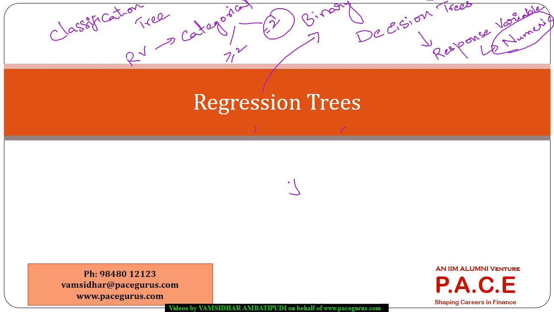So I may be interested in modeling the prices, or I may be interested in modeling the sales, right? So when I'm trying to model any of these elements, which are primarily numeric in nature, I can take the help of regression trees.